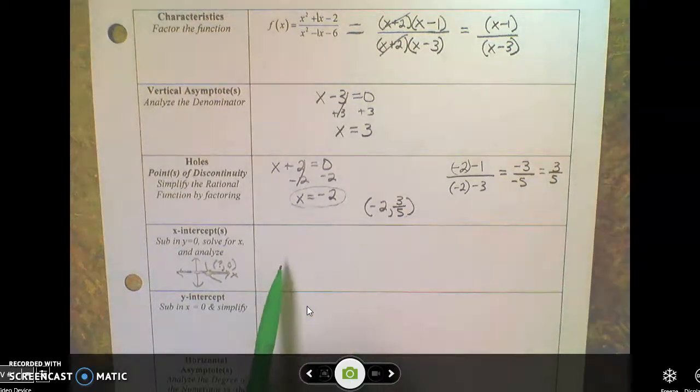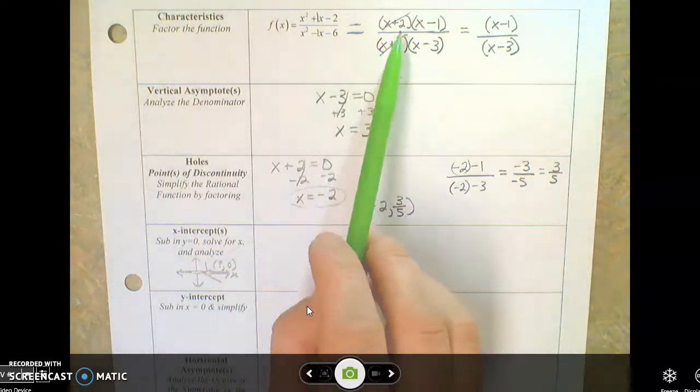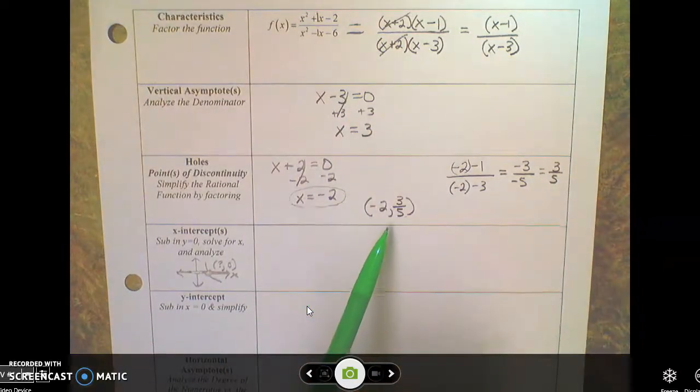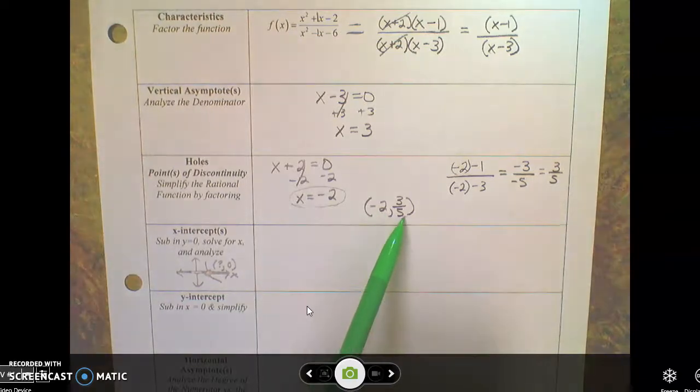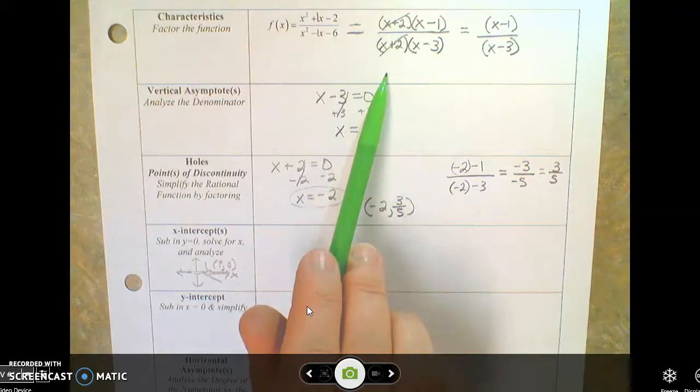Okay, so we are going to take our original function up here. We've already canceled out the holes and calculated where the hole is, and you can see that wouldn't be where the x-intercept is. So we don't have to worry about this part of the function that we canceled out.